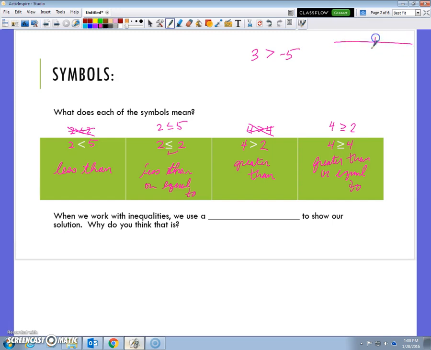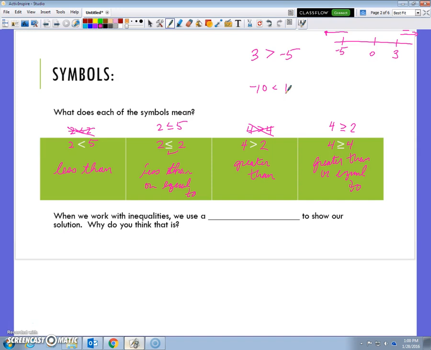So when you think about these, if here's 0 and here's negative 5, keep in mind the smaller numbers are on the left and the bigger numbers are on the right. Any positive number is always bigger than a negative number. Same way, any negative number is smaller than any positive number.